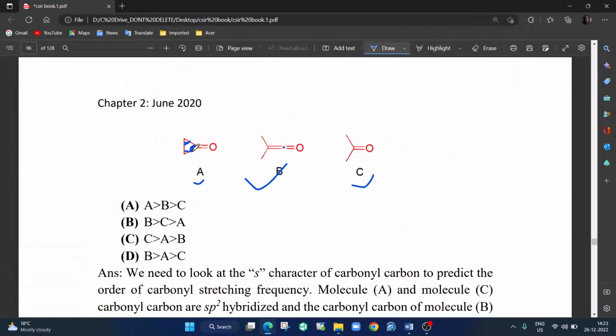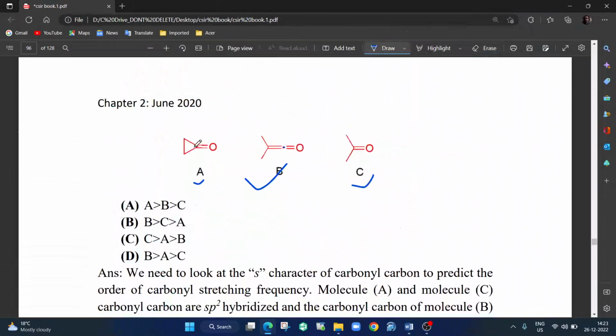So what it does, this carbon-carbon orbital, the bonds inside the ring get more p character. Because we saw sp3 is more comfortable than sp2, because sp3 has 109 degrees whereas sp2 has 120 degrees.